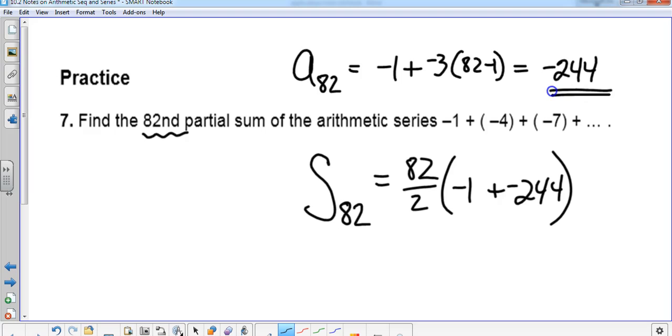Everybody good with where I got term 82 up here? Yes, negative 10,045. Anybody lost? You guys good?